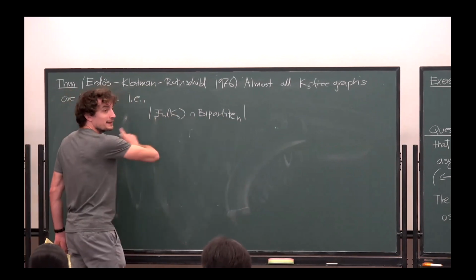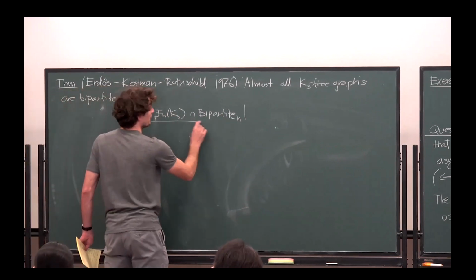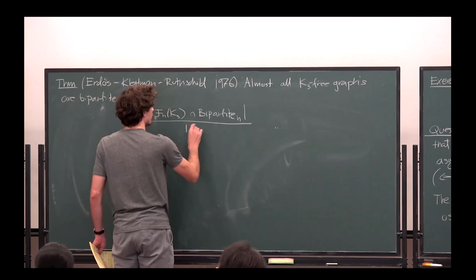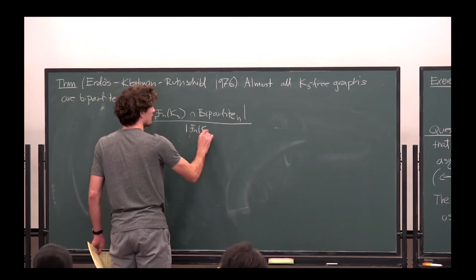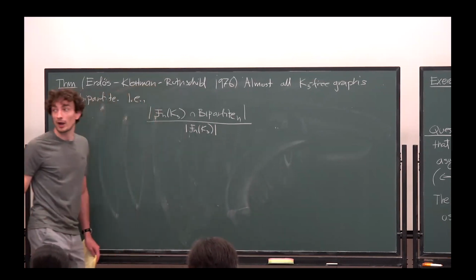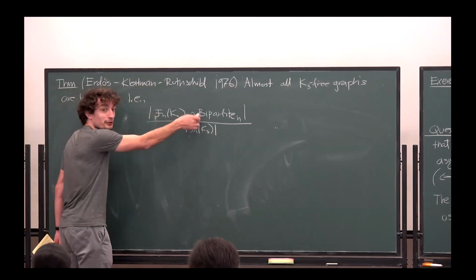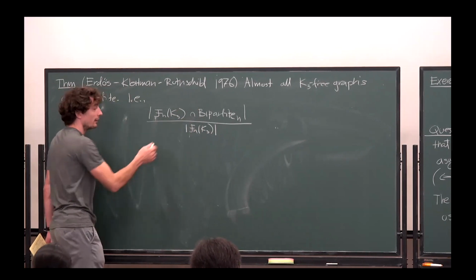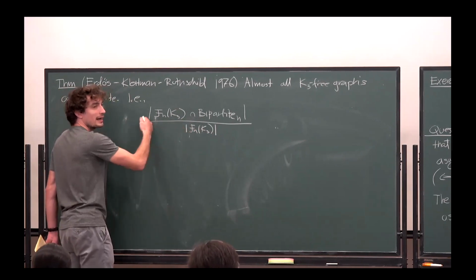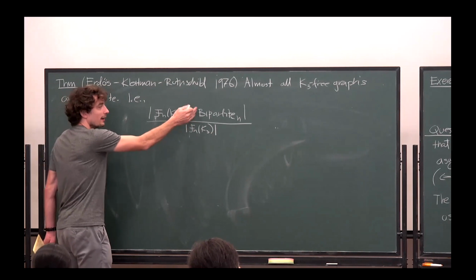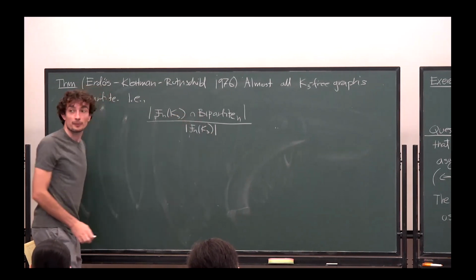So this is the number of triangle-free graphs that are bipartite, and we compare it with the number of triangle-free graphs. This is: draw one at random, every one with probability 1 over |F_n(K3)|, and this is the probability that a random triangle-free graph is bipartite.